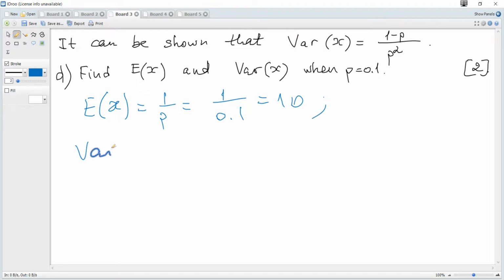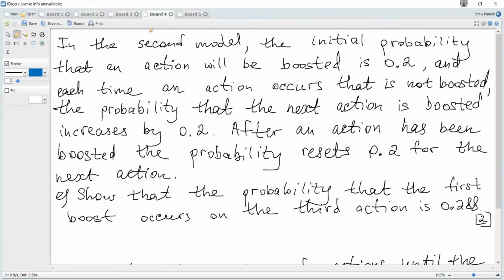And variance of x becomes what? 1 minus 0.1 divided by 0.1 squared. You may use just a calculator, 0.9 divided by 0.01, and it's just 90.